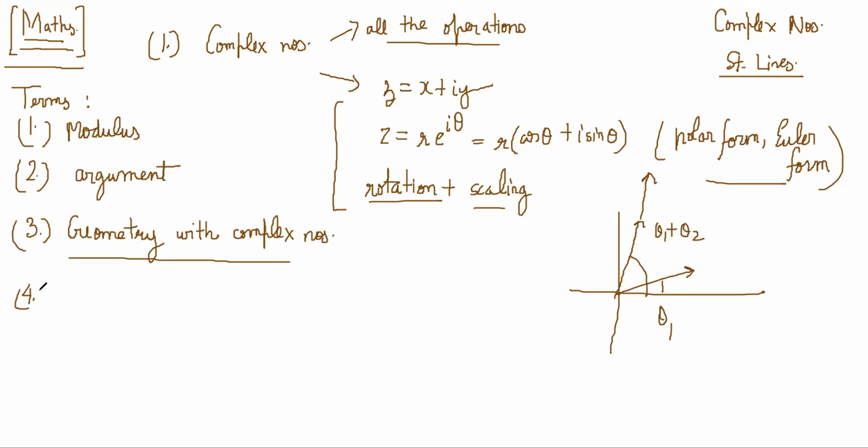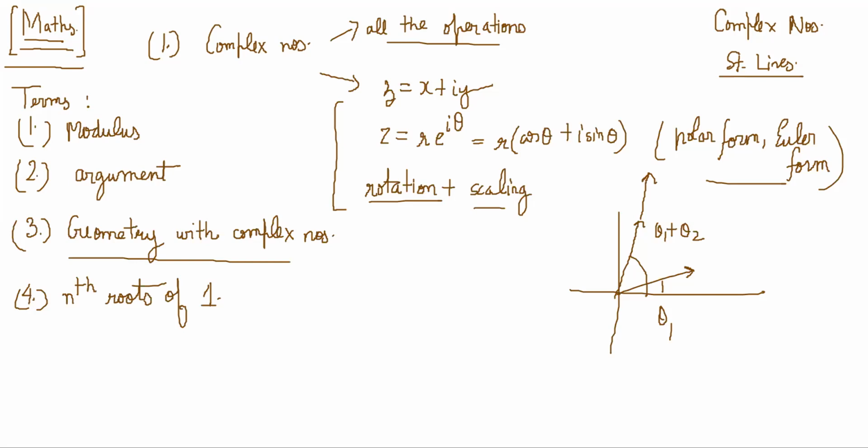And lastly, we'll look at nth roots of unity, nth roots of 1. So hopefully by the end of this class, you will have all the stuff you need for solving complex number questions in your book and at competition level. This is what is required. Okay, so let's begin with modulus.